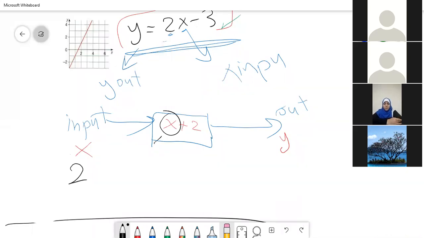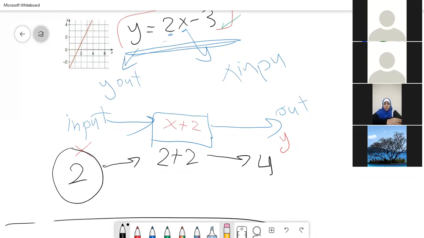What is the value of x? 2. So I'm going to say 2 instead of x. Plus 2. 2 plus 2 is 4. So what is the output? 4. The output is 4. So the input was 2, the output was 4, and the function was x plus 2.